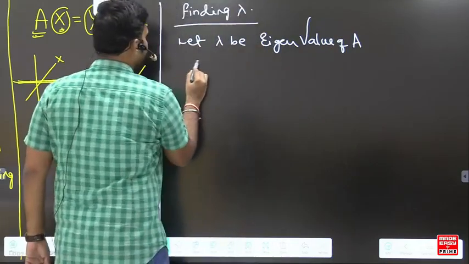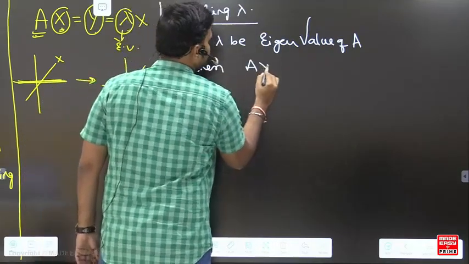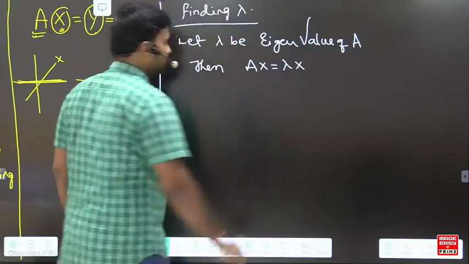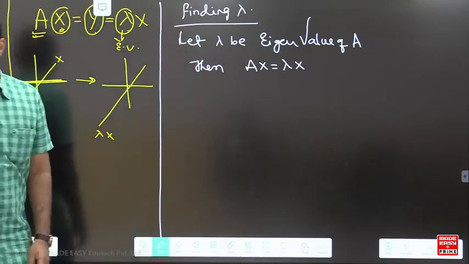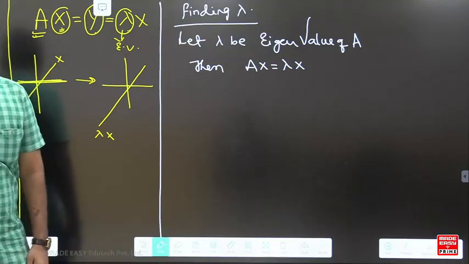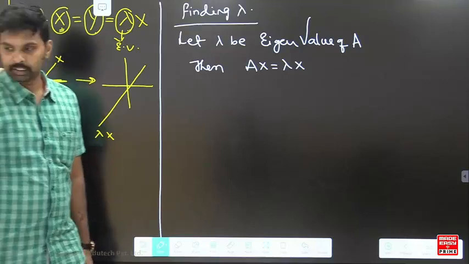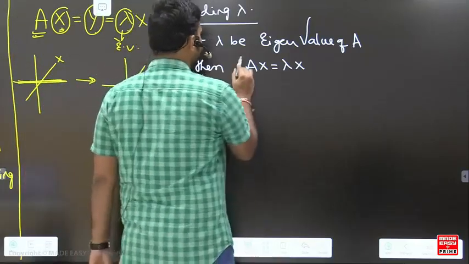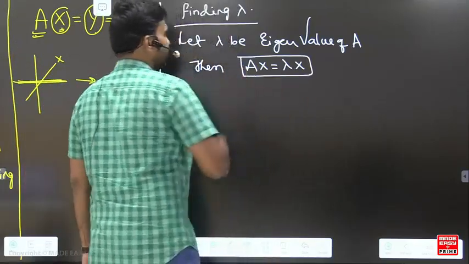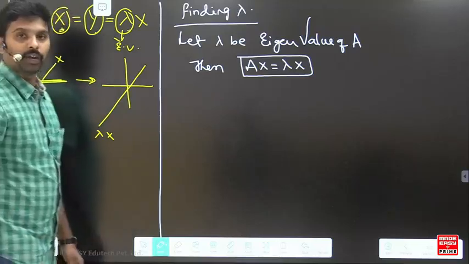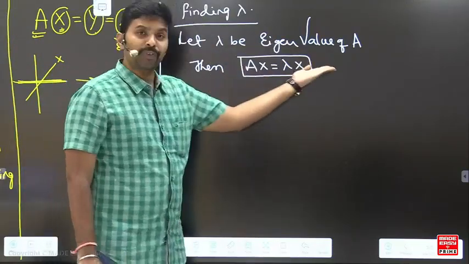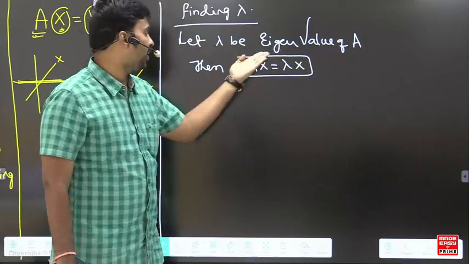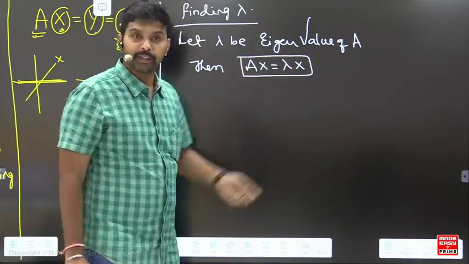Then Ax is equal to lambda times x, where A is the matrix and x is the vector. Because lambda is the eigenvalue of A, according to the definition of eigenvalue, Ax can be written as lambda x, right?